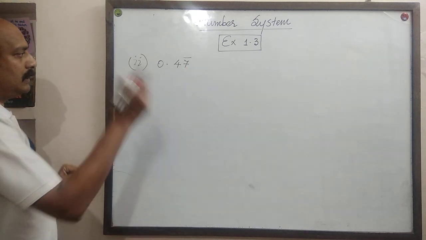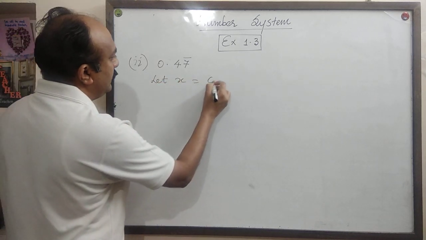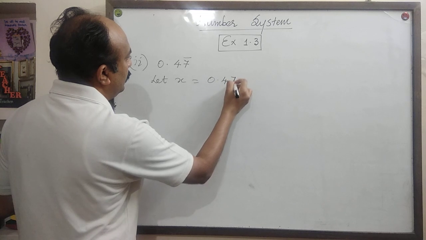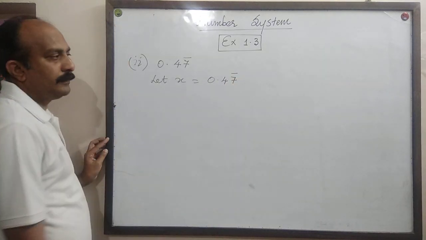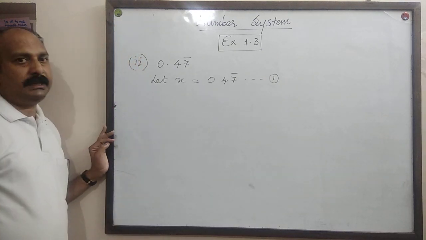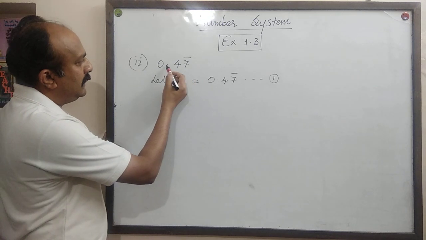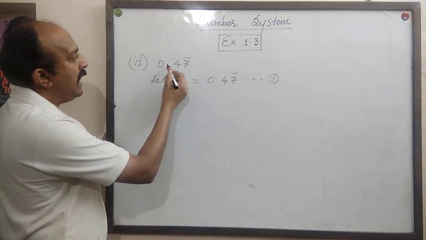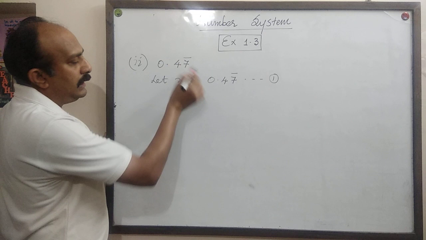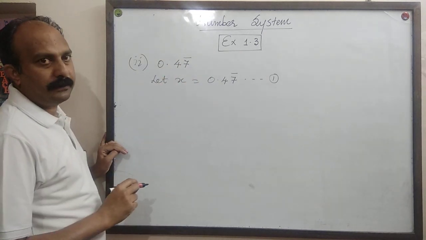In this also, as I told you earlier, first step is let x is equal to the given question, 0.47 bar. That is equation number 1. But now there is a change. After the decimal, if the entire part is not under the bar, we have to make it so.